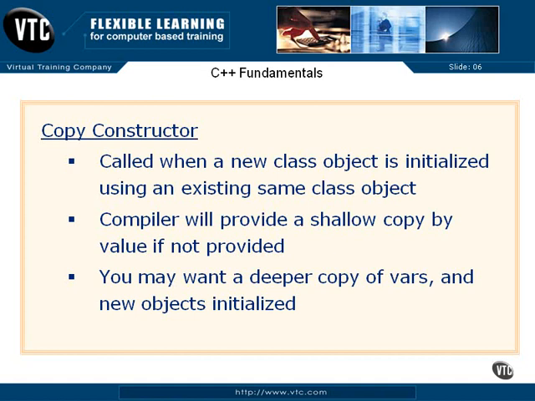It will not move the things that you want, and sometimes it will move values from the source object into your destination object when in the destination object you really need to create brand new elements, new names, or new strings of information, and not just take a pointer to the data that's already in another class. So when you get into that kind of a situation, you need to have a copy constructor because you need a deeper copy of the variables, and you may have to have new objects initialized during the copy.